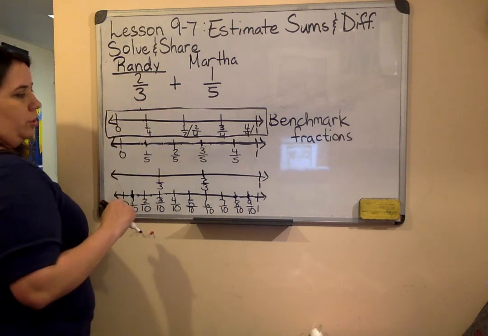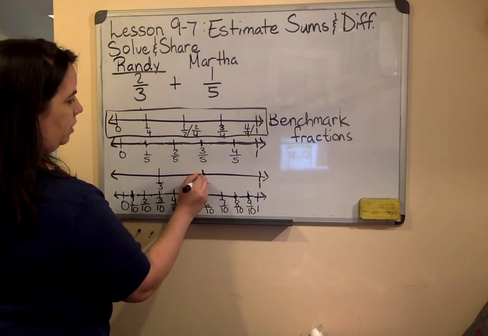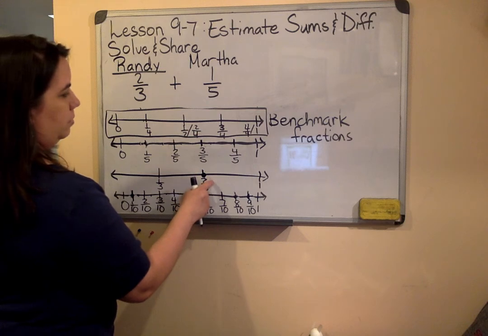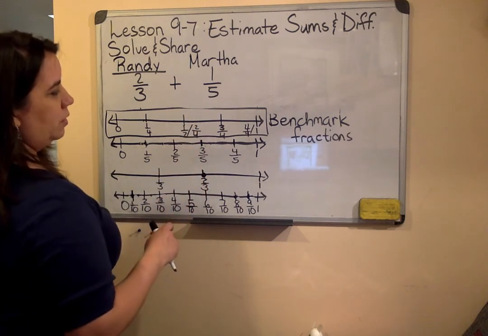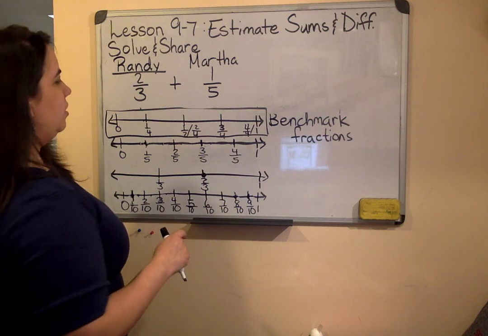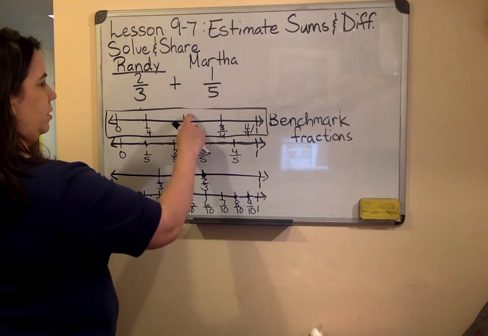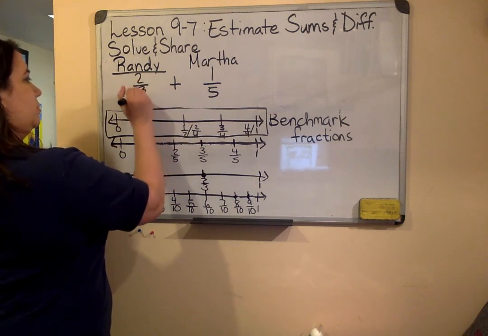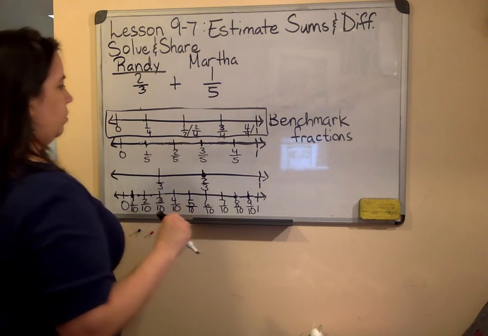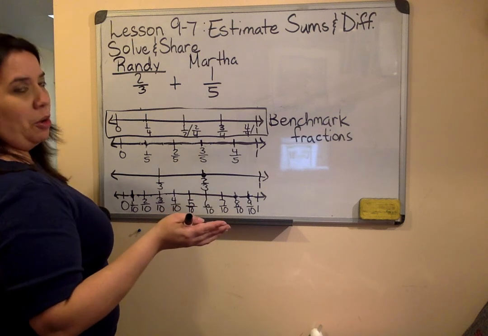So let's start with 2/3. 2/3 is about here. So if I go up to 2/3, 2/3 es como que, how much? It's about half. Es casi mitad. Un poco más que mitad. So if you want to go with 3/4, I can say that as a reasonable estimate.